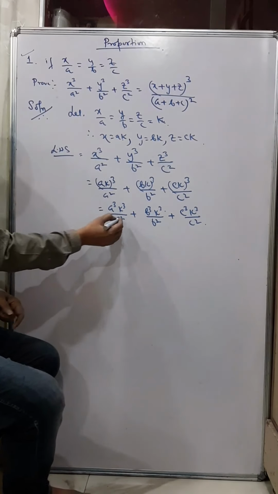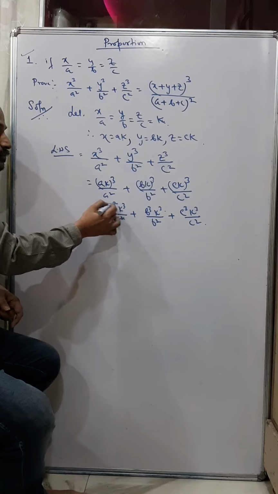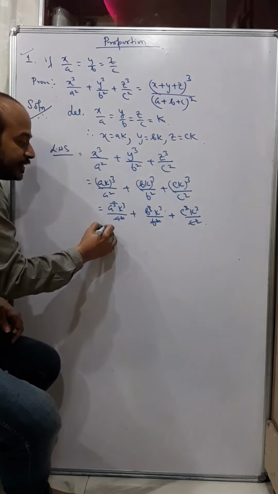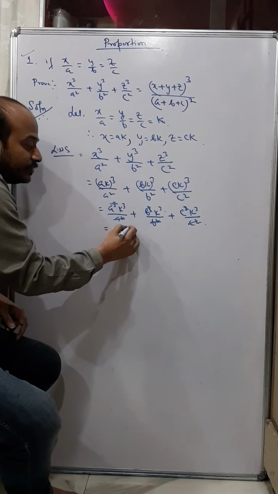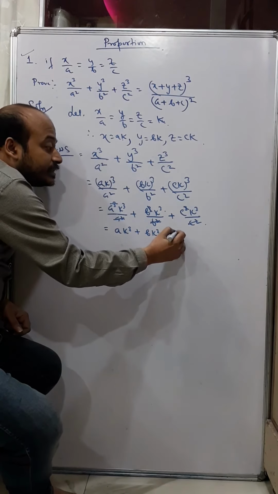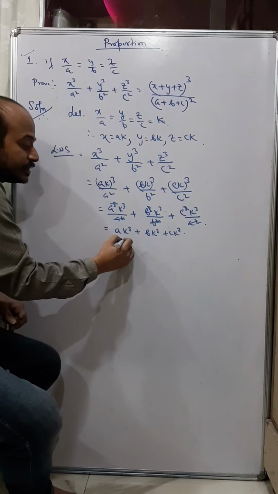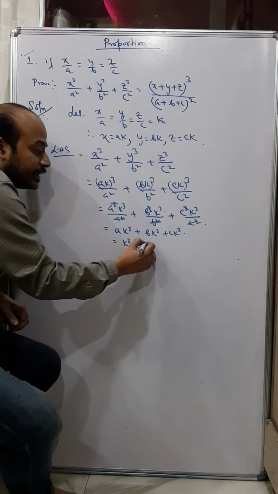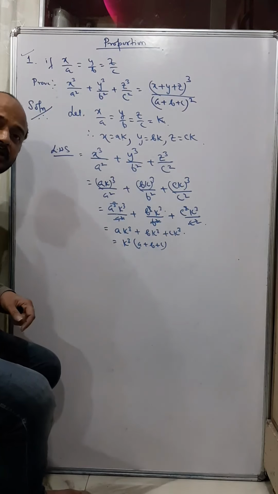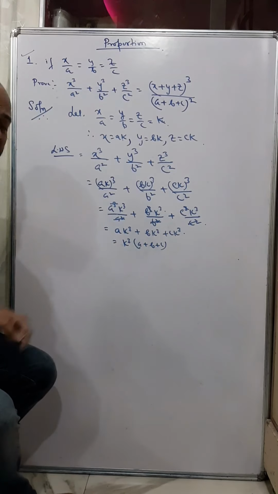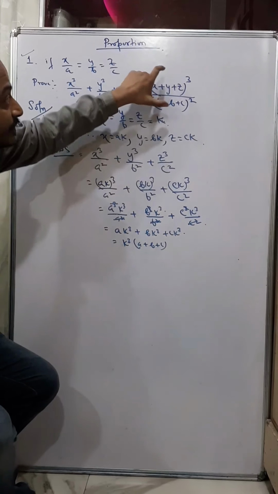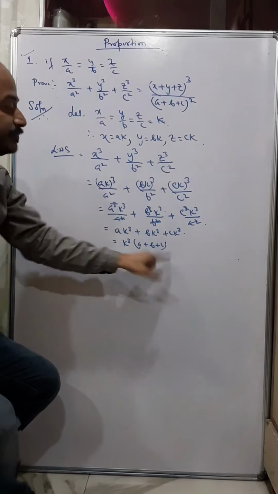Now finally, after cancelling, I get ak cube plus bk cube plus ck cube, or we can also say I can take k cube common, I'll get a plus b plus c. Now that's finished, I can't simplify it further. Now same thing, I'll solve RHS.